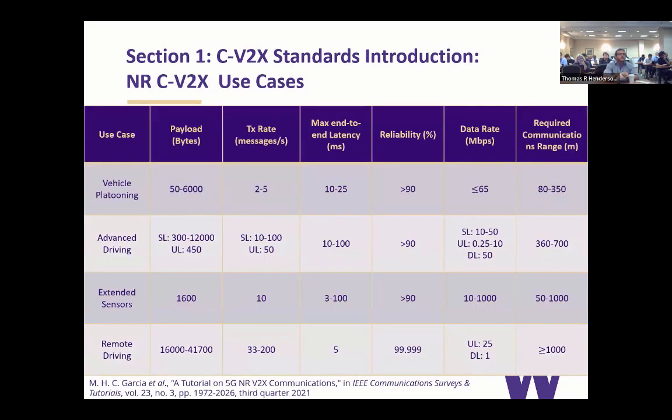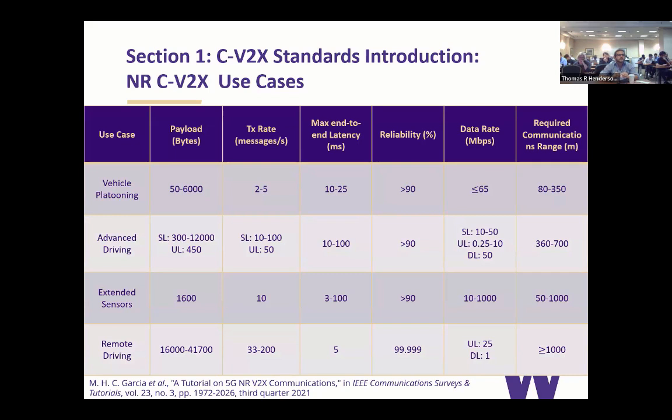So here we can see some use cases and requirements for CV2X as defined by TR 22886 and TS 22186. The table originally comes from a tutorial on NR V2X communications by Garcia et al. Vehicle platooning involves the dynamic formation and management of UEs into platoons or groups of vehicles. Advanced driving is essentially self-driving car or assisted driving type functions.